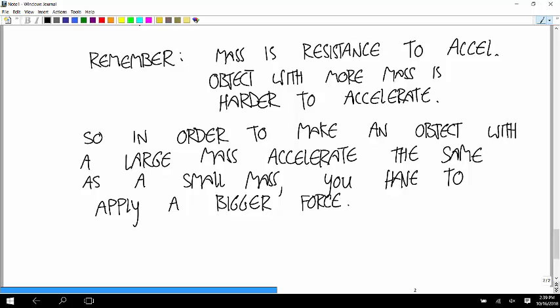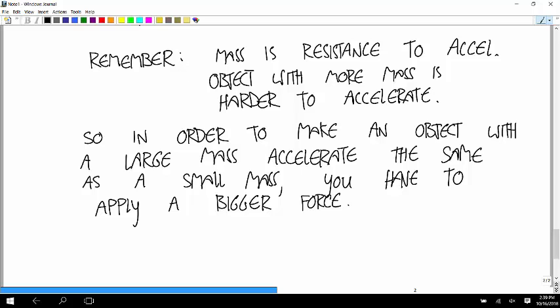Okay, so the weight force applied to a feather in the vacuum chamber, they both accelerate the same, but it's a much smaller force that gravity applies to the feather to make it accelerate down at 9.81. It has to apply a much bigger force to the bowling ball to make it accelerate down at 9.81.